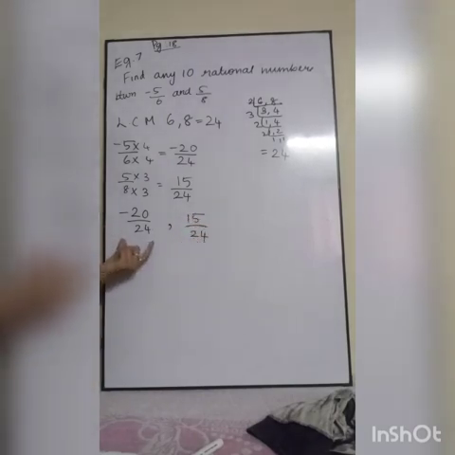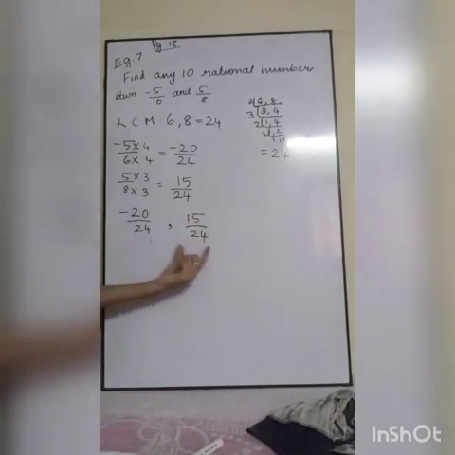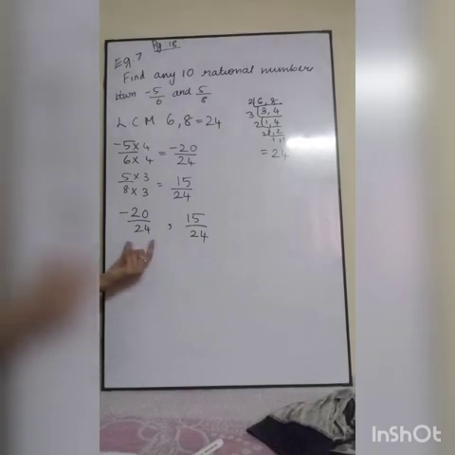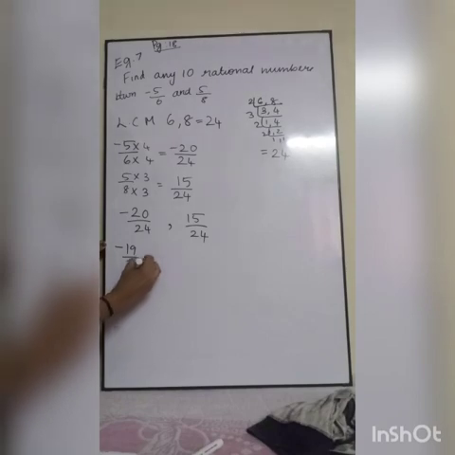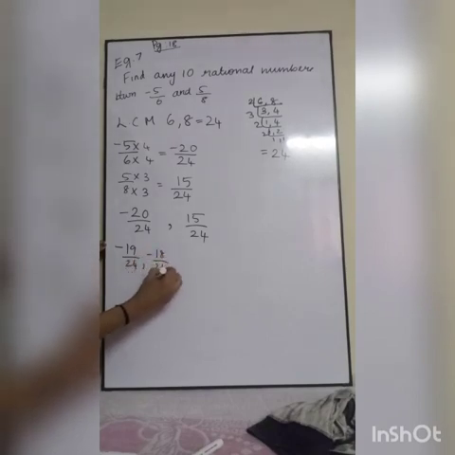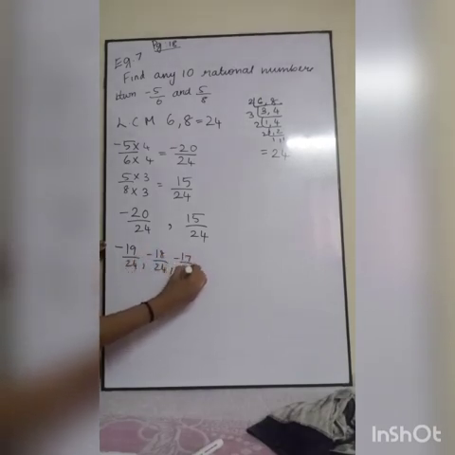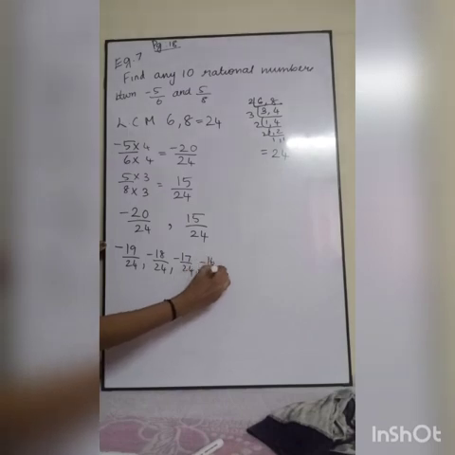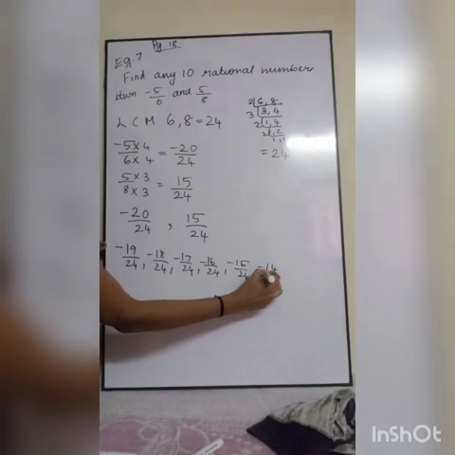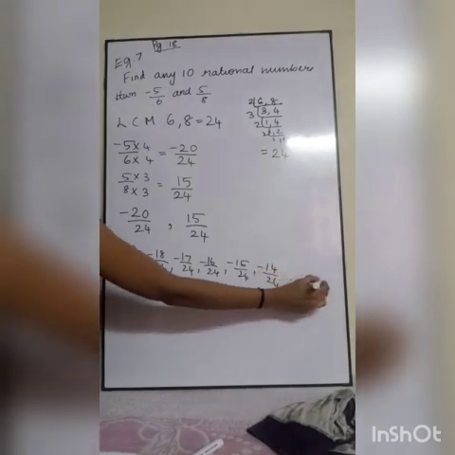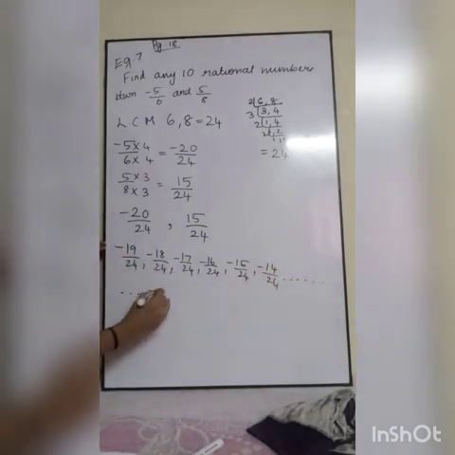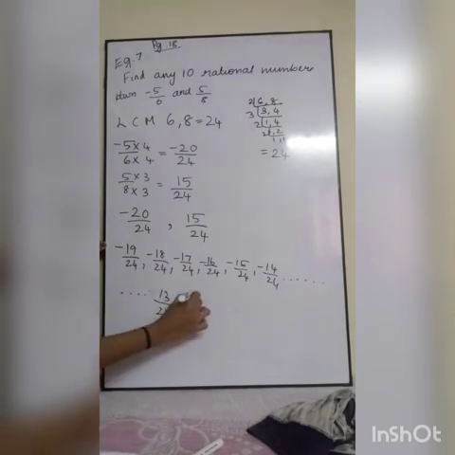Now can we find many rational numbers between these two? So what are the rational numbers between these two? Minus 19 by 24, minus 18 by 24, minus 17 by 24, minus 16 by 24, minus 15 by 24, minus 14 by 24. Like that it goes on, and you can say minus 13 by 24, 14 by 24, 15.